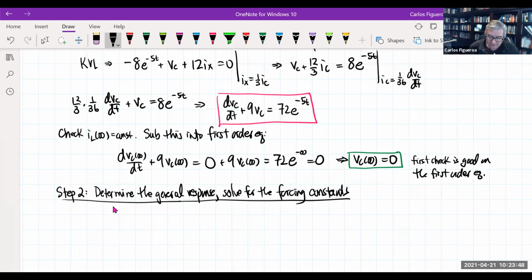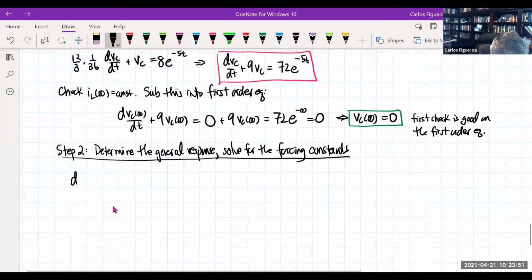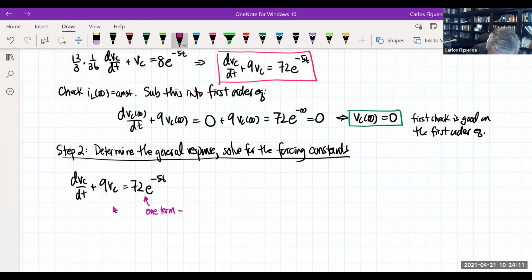When I look at this, I start off with my first order equation. What I'm seeing here is the following. The first thing that I see is that I only have one term. That tells me I only have one constant. In this case, I'll just call it B, since there's only one. This over here is telling me that this is the 1 over tau value, which is 9.